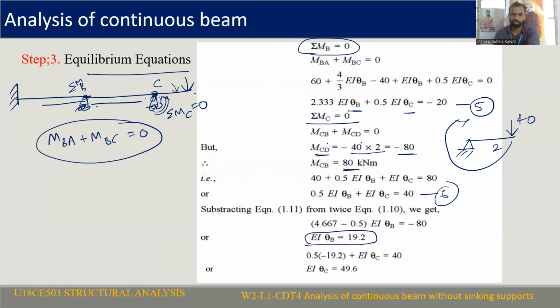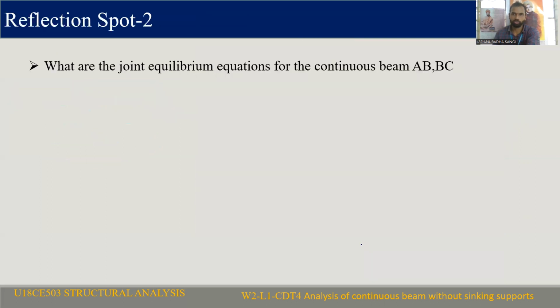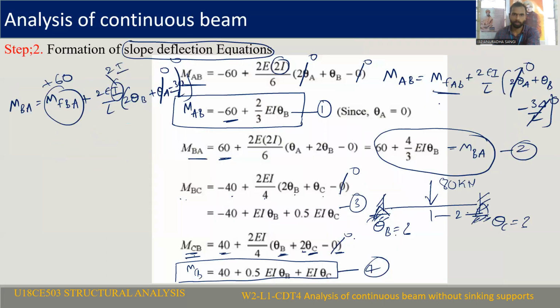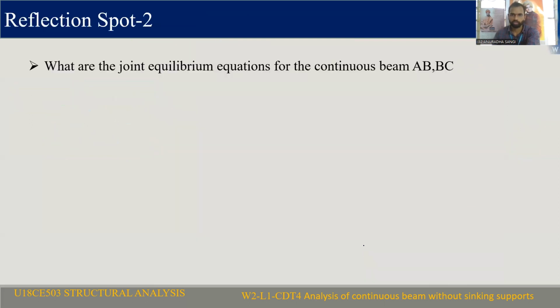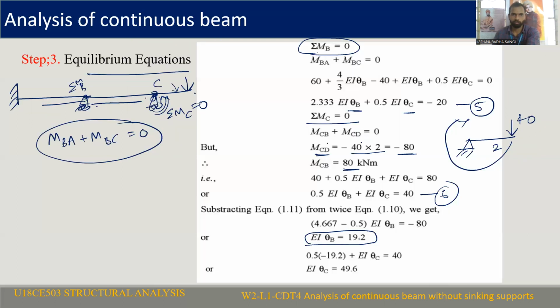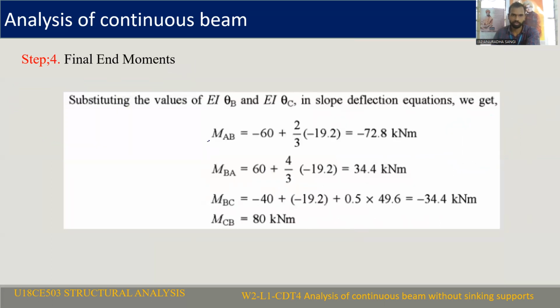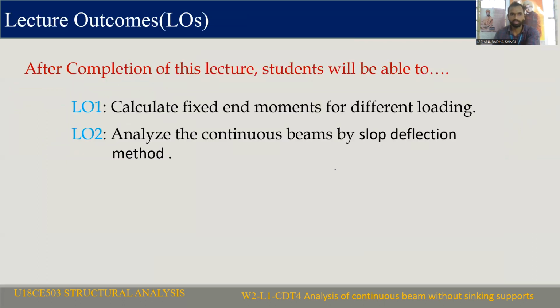Substitute the EI theta B value in equations number 1, 2, 3, 4, and you will get the final end moments: MAB, MBA, MBC and MCB. So all the final moment values you are going to get. Okay, this is the calculation. Thank you one and all.